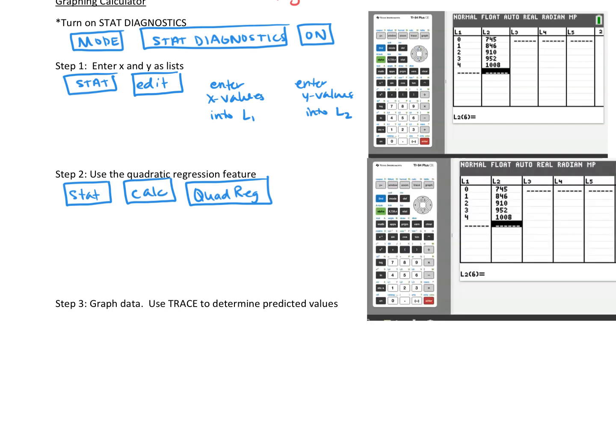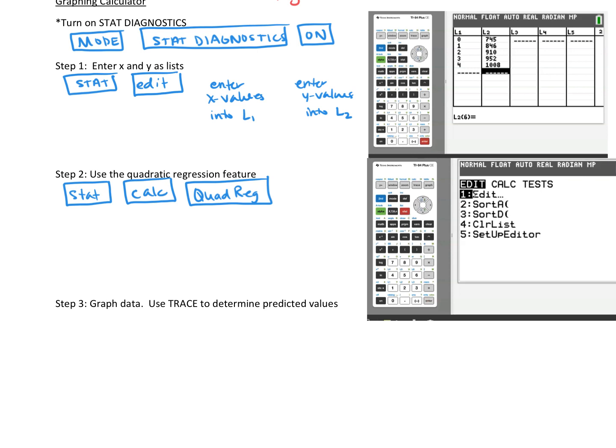Now that we have our ordered pairs in our lists, L1, L2, we're going to calculate the quadratic regression. So we're going to hit the Stat button again. We're going to arrow over. We want this calc option. We want the calculator to do some calculations for us. And if you look down, you can see option 5 says Quad REG. We want this to calculate a quadratic regression.